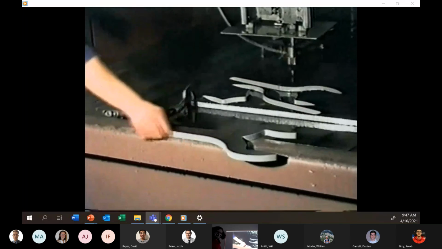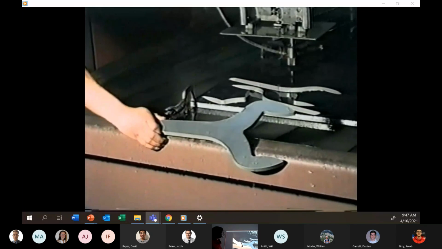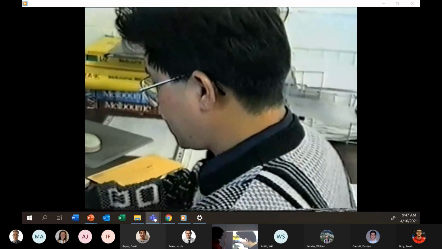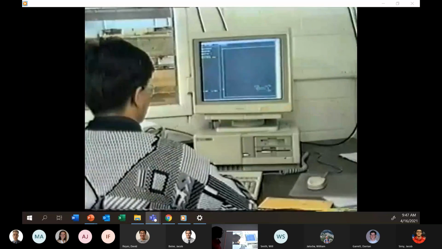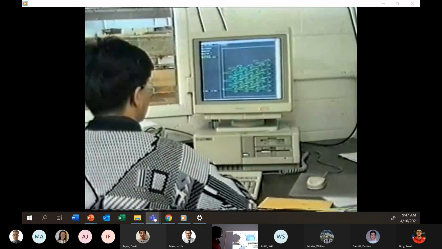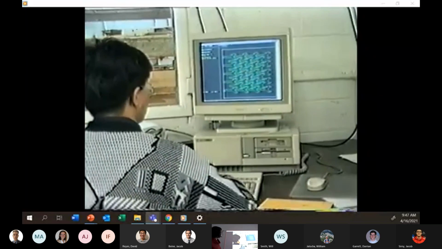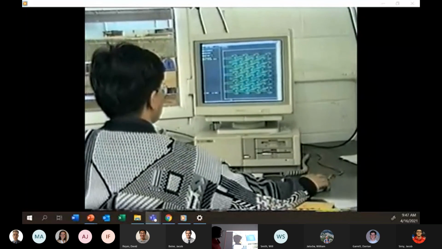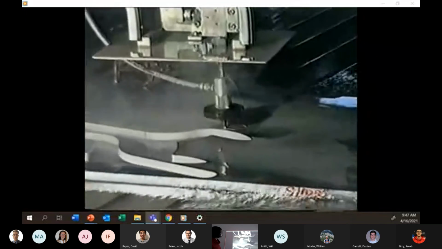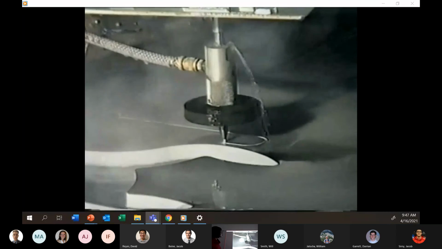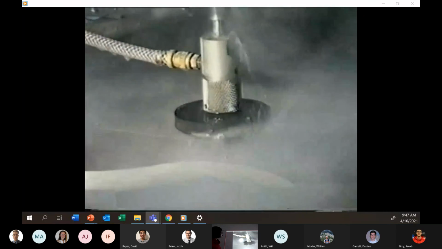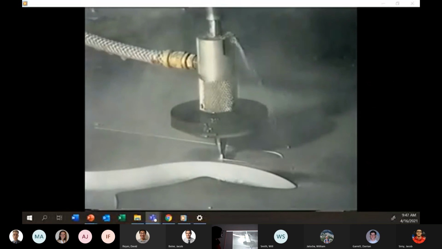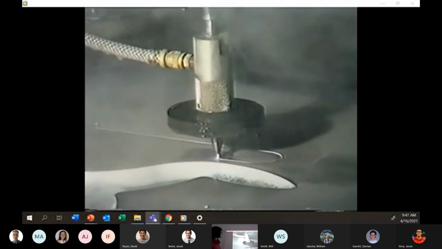When a batch number of some hundreds of this very large aluminium alloy spanner is required, the shape is developed and nested on the CAD station. This data is then transferred to the machine's CNC controller. This 16mm aluminium plate is being cut at a feed rate of 150 millimeters per minute.